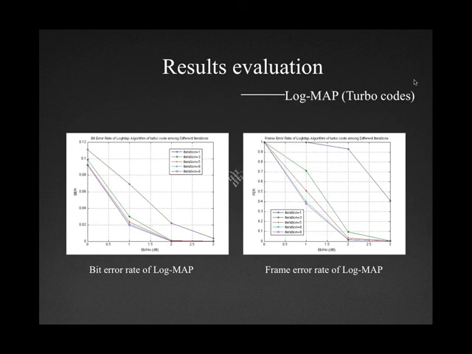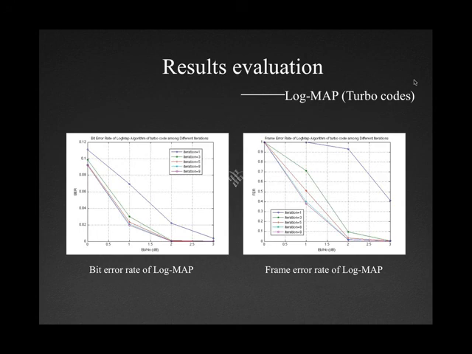However, when the iteration increases from 8 to 9, the bit error rate almost doesn't change. But, as we know, the computation complexity increases greatly. So I can say that when the iteration is 8, the performance of log-map algorithm is the best.